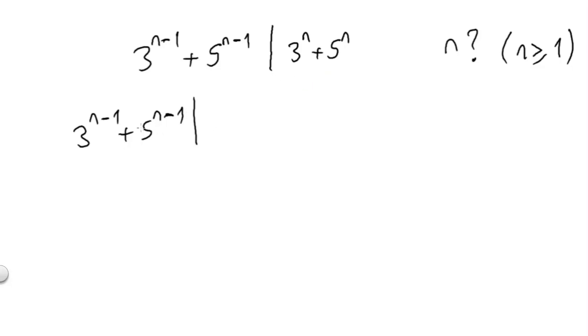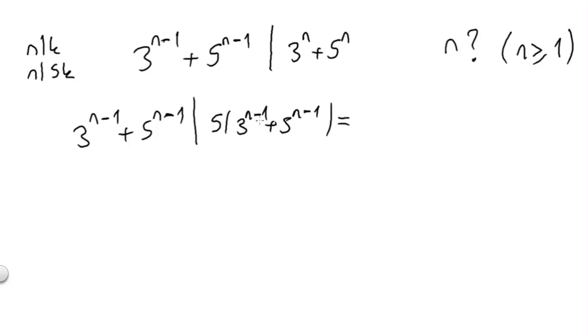If I multiply this by 5, obviously this is going to be true, because if n divides k, of course n divides 5k, because it's just even bigger. It divides even better. So here I can just multiply this by 5, 3 to the n minus 1 plus 5 to the n minus 1. And this is going to be true.